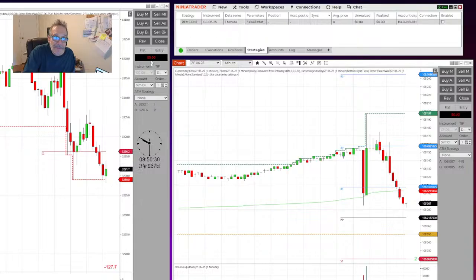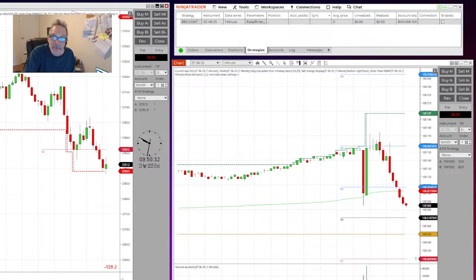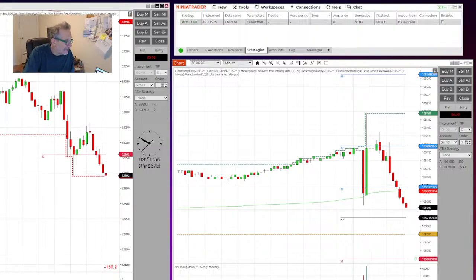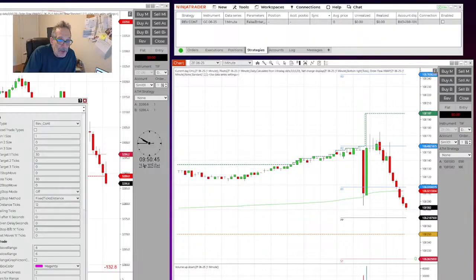And let's see what we've got going. We've got a gold reversal continuation from our last trade, okay? It's just one contract, a 30 tick target, and a 30 tick stop.